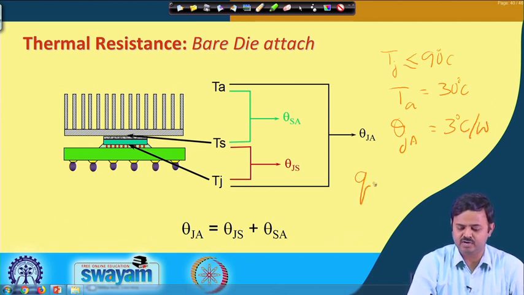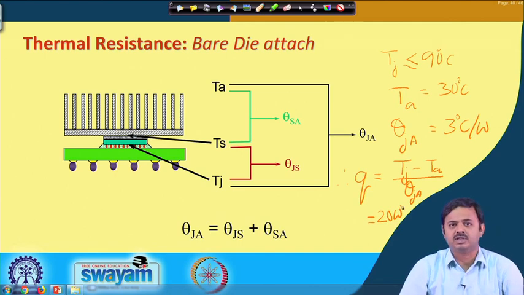What is Q therefore? Q is therefore Tj minus Ta divided by theta JA, and that comes to 20 watts.